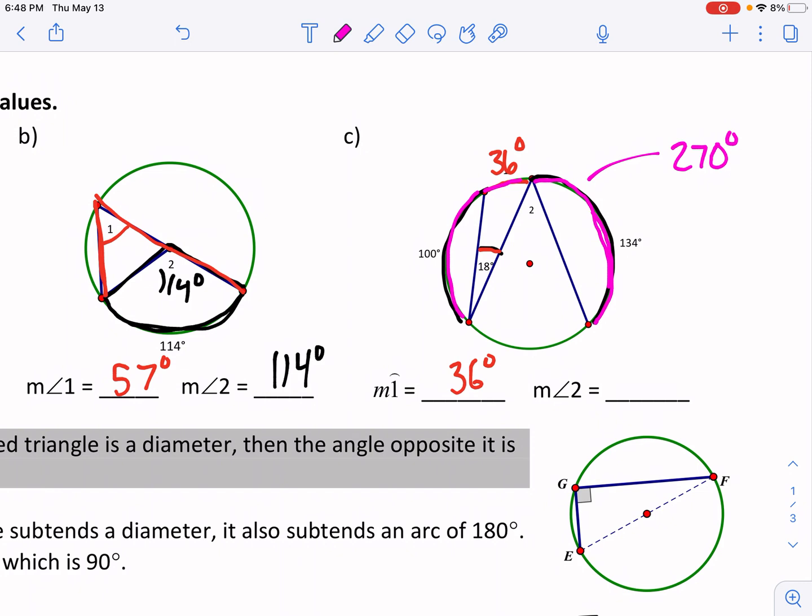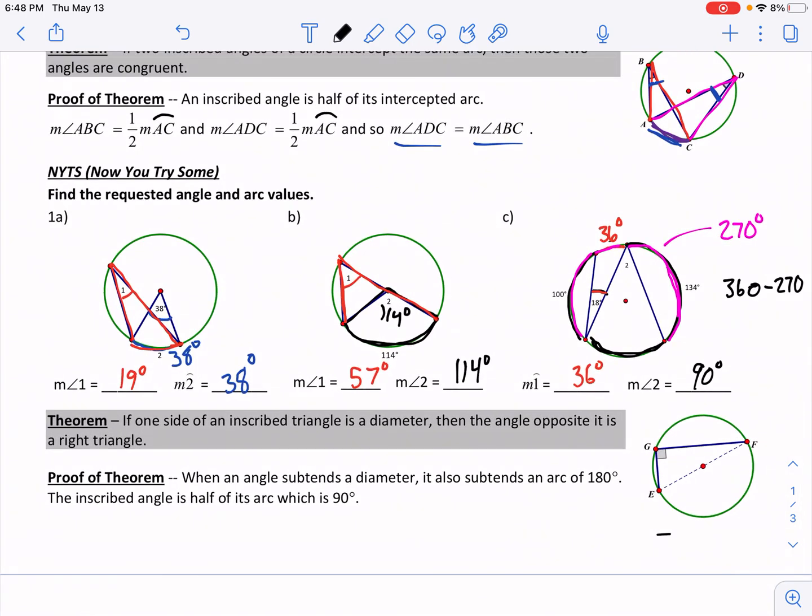So whatever remains has to be 360 minus 270. The piece that remains has to be 360 minus 270. So take 360 minus 270, and we get that this arc measure is 90 degrees, which makes sense. And if you add it all together, 90 plus 134 plus 36 plus 100 gives us the full 360. So that's how to work through those.